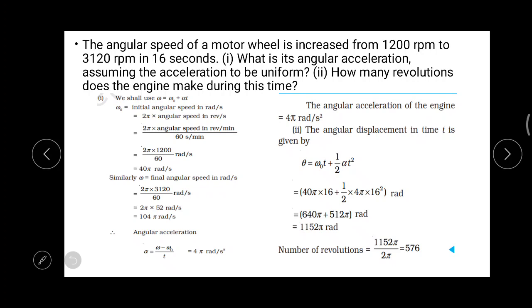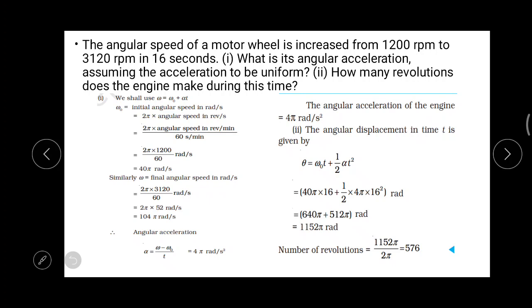So the revolution value you have to change into radians by multiplying it with 2 pi, and the time you have to change into seconds, for that you have to divide it by 60. So in radian per second, 1200 rpm will be 40 pi radian per second.